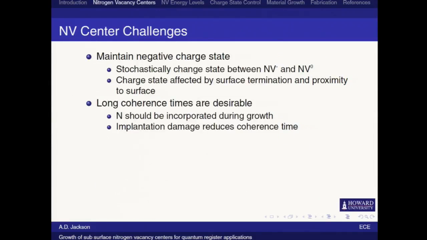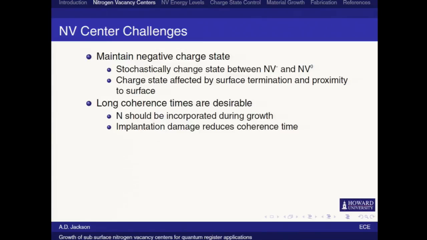All right. So there's some challenges when using these nitrogen vacancy centers. One is we want them to maintain their charge state, but unfortunately they stochastically change between neutrally charged and negatively charged. Also, the location of the vacancy center affects the charge state, as well as the surface termination.